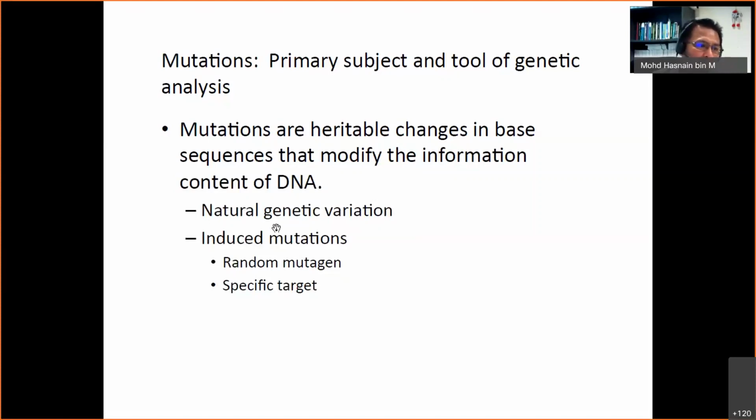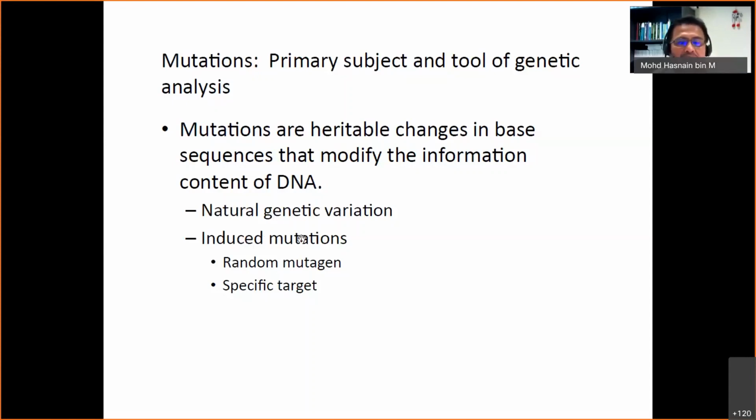That one is natural. Almost every one of us has some kind of mutations inherited from our grandparents, our great-great-grandparents, and so on. Those mutations make us different from one individual to another, and they can cause genetic variation among individuals.